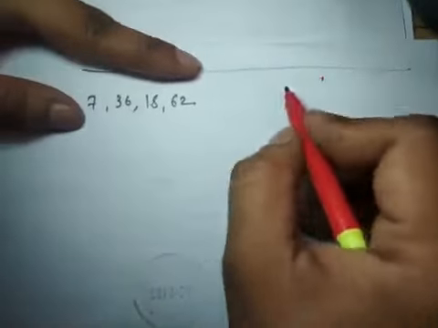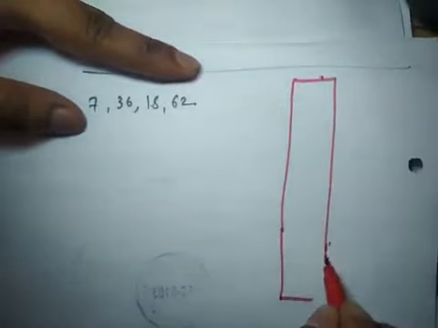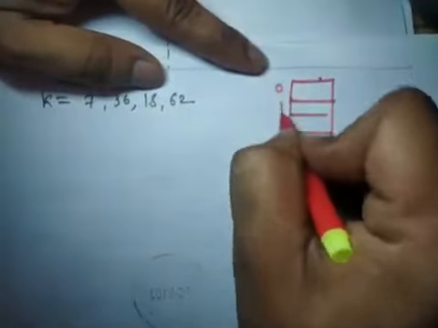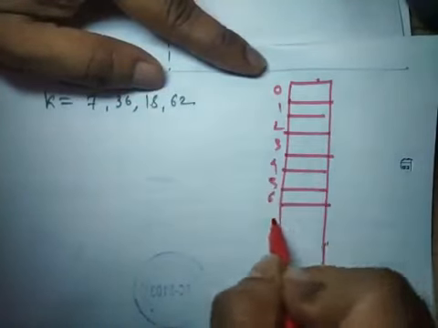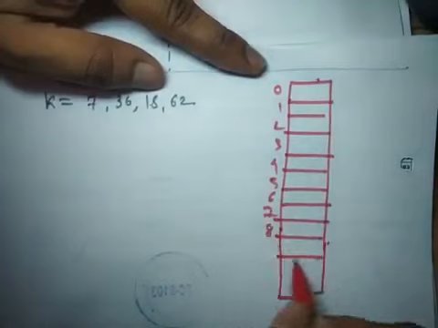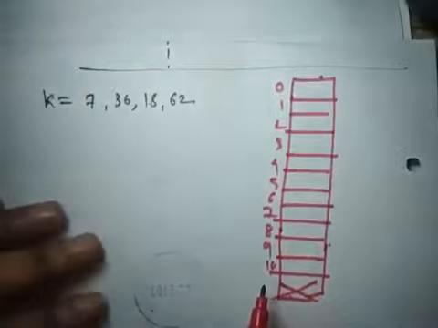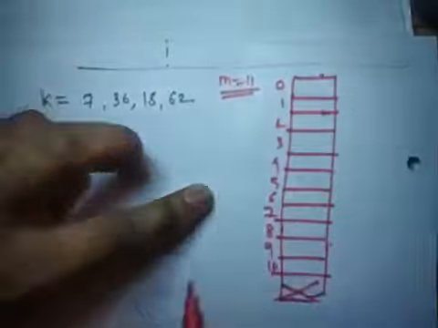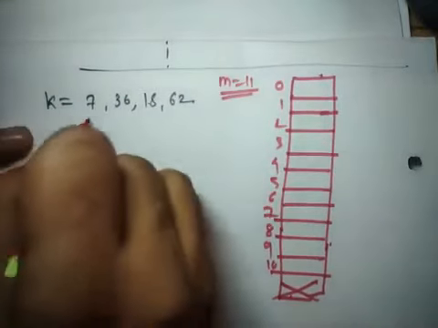Again our table size is the same, with indexes 0, 1, 2, 3, 4, 5, 6, 7, 8, 9, 10. So our table size M is equal to 11. So the hash table size is 11. Okay. So let's insert an element 7 first.